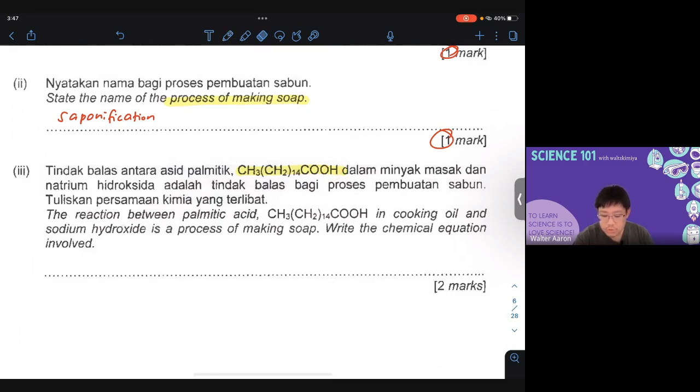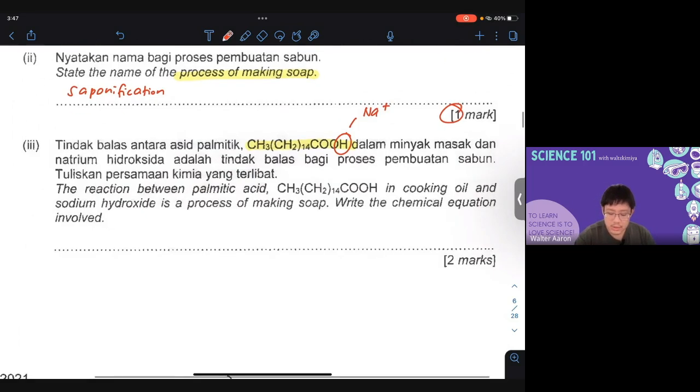All you have to do is just to remove the H and replace it with the sodium ion inside, all right? So therefore, the formula here is very simple. You just copy back the whole thing, which is CH3, CH2 14, and then you put COOH also. And then because you add it with sodium hydroxide, you just put the sodium hydroxide.